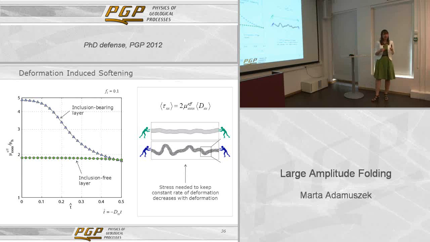So I know that the inclusions strengthened the layer, and also they strengthen the whole system. But is it permanent strengthening? I checked what the horizontal stress must be in order to keep the rate of deformation constant.